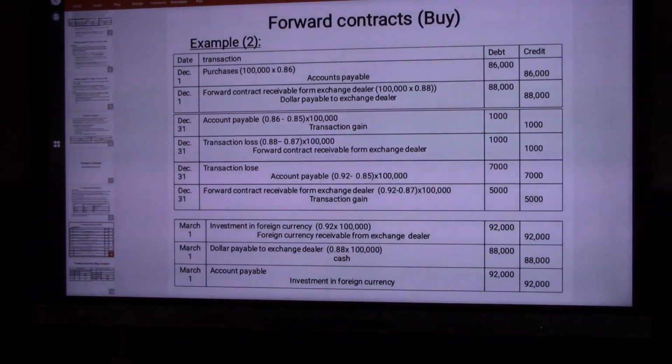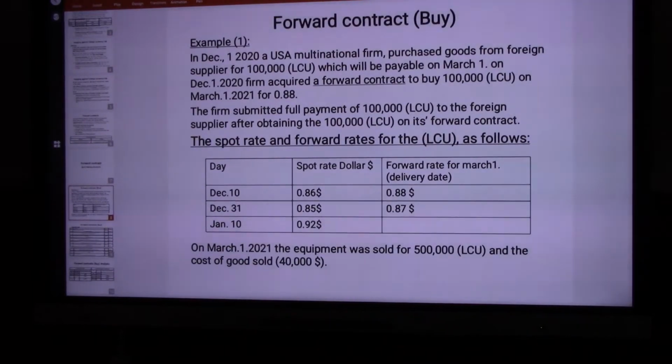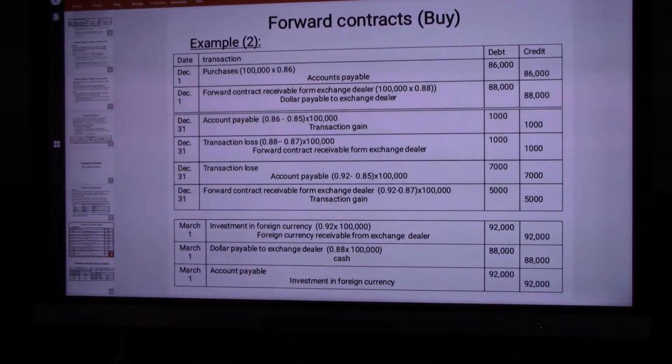The rate I used for payment is the locked rate we stated at the forward contract date, which is 0.88, but he hedged and protected me as he took the risk, and he will provide me investment in foreign currency at 0.92.